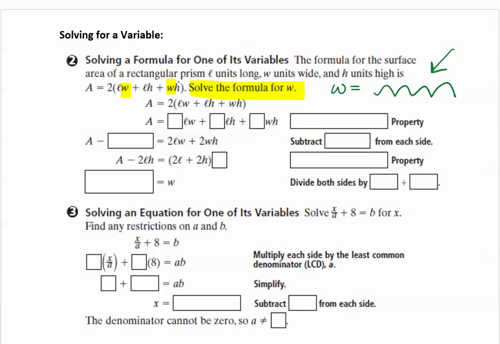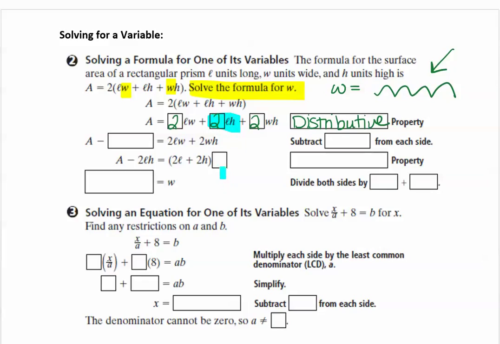First we have everything in parentheses and there's a 2 here. I would distribute the 2. So you get 2LW, 2LH, 2WH. So this is using the distributive property. And then we have this term here that doesn't have any W's at all.